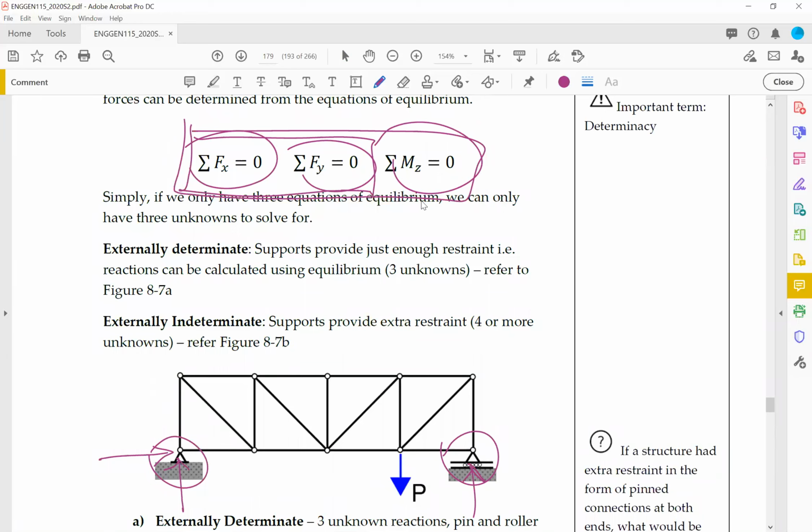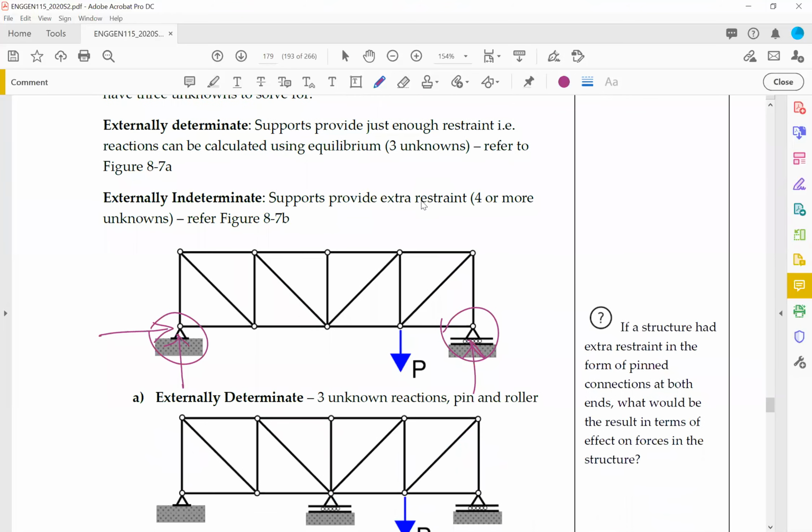So of course, we can do sum of moments about one of these supports and then find the reaction on one of these supports, and then we can find the other reaction. I hope you know how to do that, but yeah, that'll be covered in the next video.